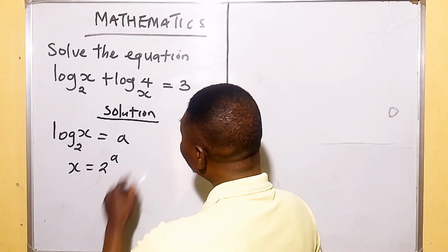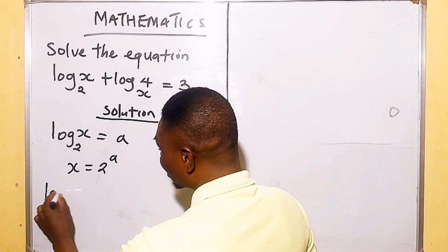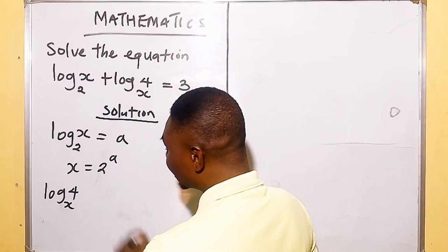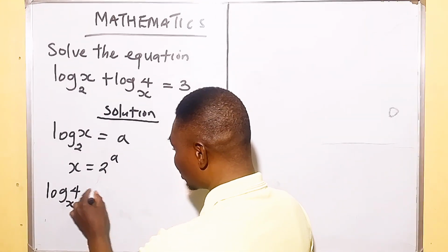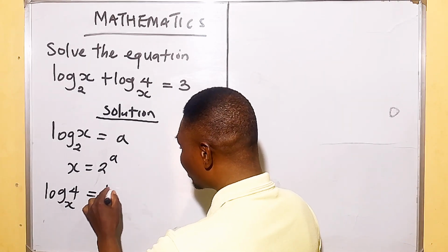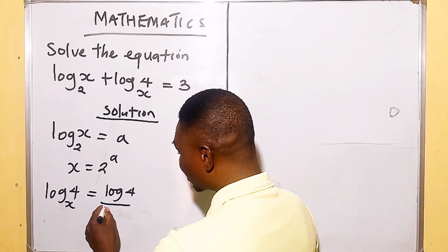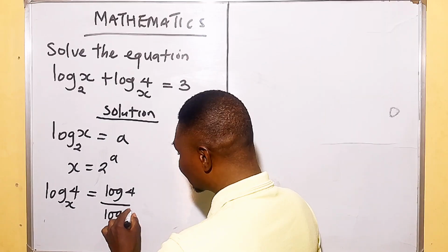Now, let's rewrite log 4 base x to be log 4 base 10 over log x base 10.